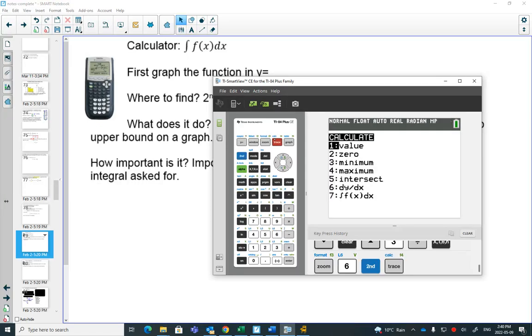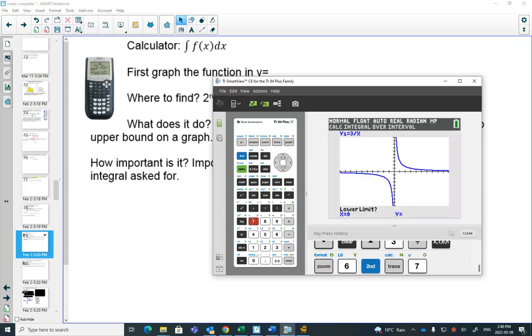Second, calculate. Number 7, the integral, lower limit, type in 2. Upper limit, type in 5. And it shades it under there for us and says that the area, or the integral, is 2.7488722. Really quite nice.